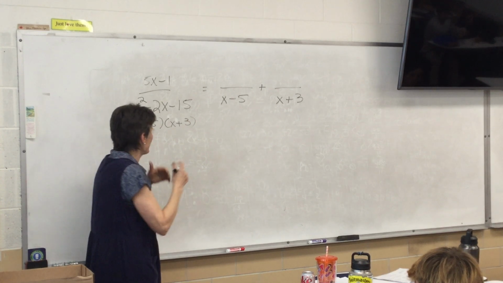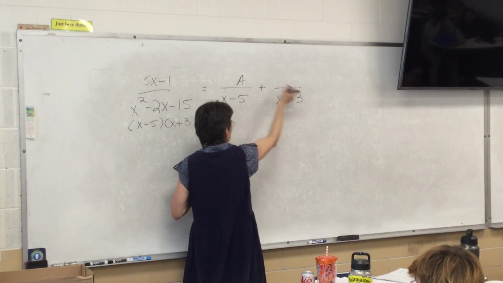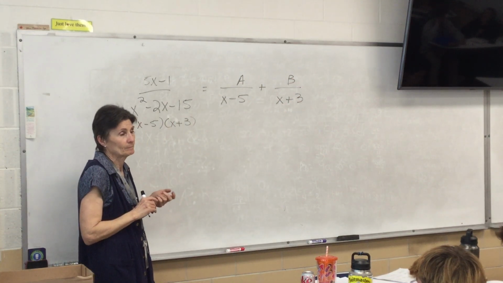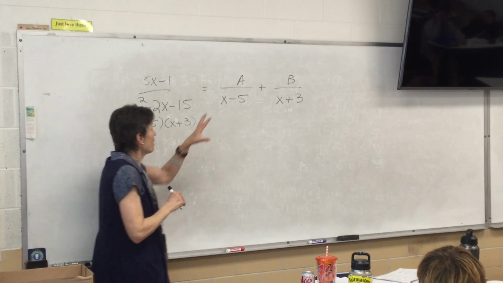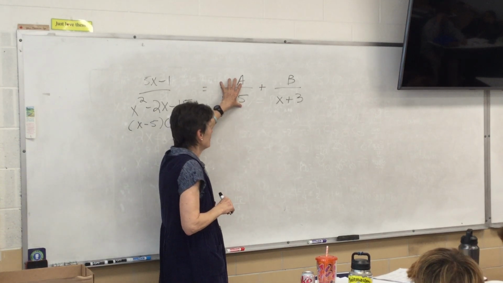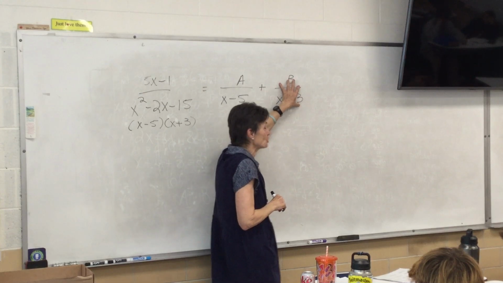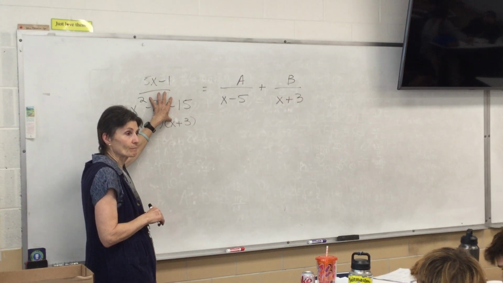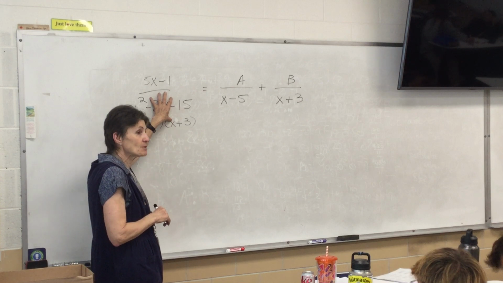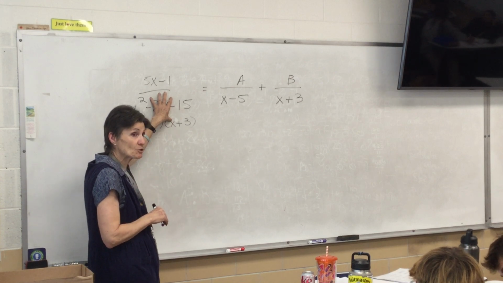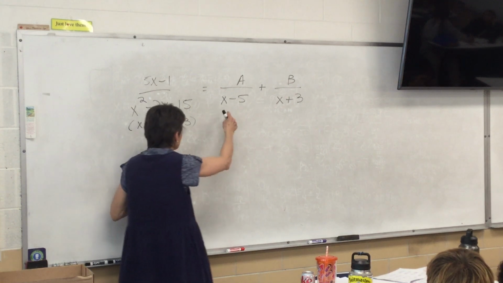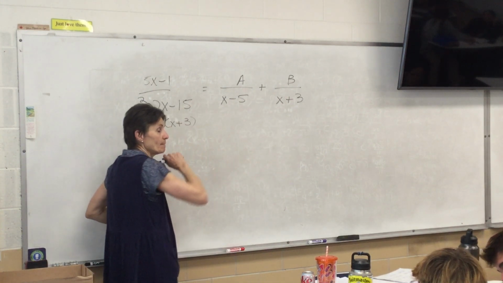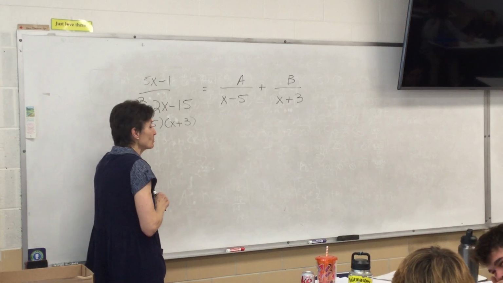Okay, I have no idea what the numerators are, so typically we just call them A and B. Some little fraction plus another little fraction will give me this big fraction. And if I am doing integrals, it is much easier to integrate these. Okay? So I need to figure out what those are.